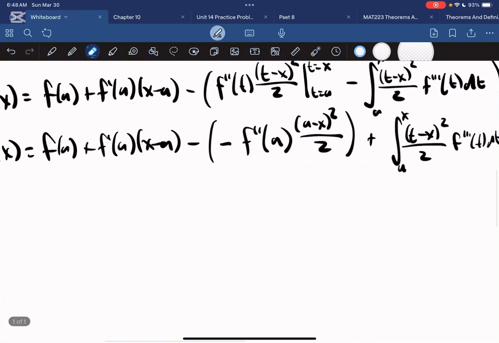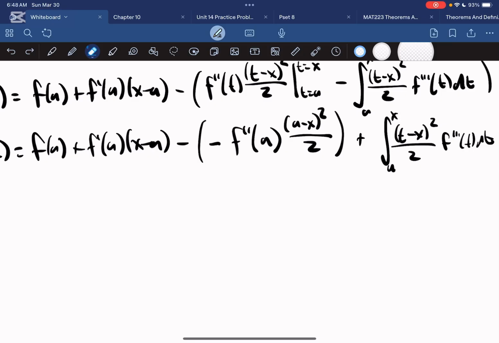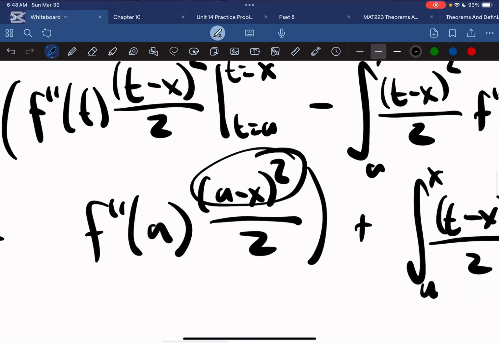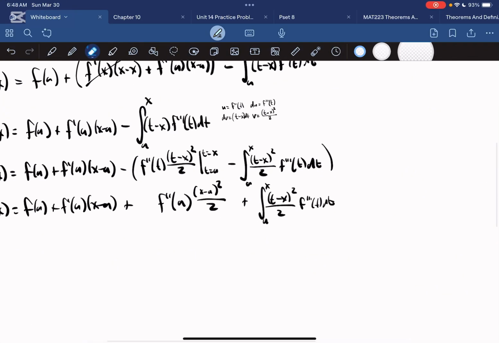And now these two negatives cancel out to positive. Positive, right? And since this is squared up here, we can manipulate the inside to be x minus a as well, and it'll end up being the same, right? So let's just do that.